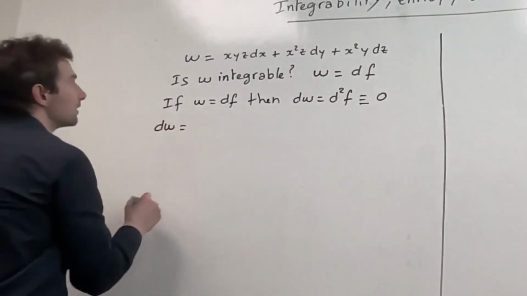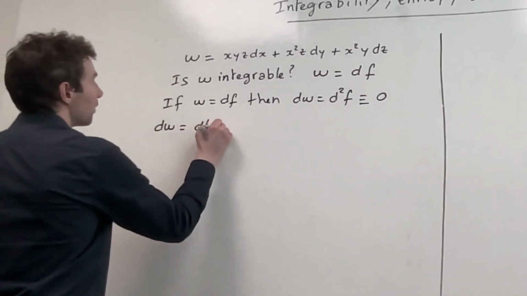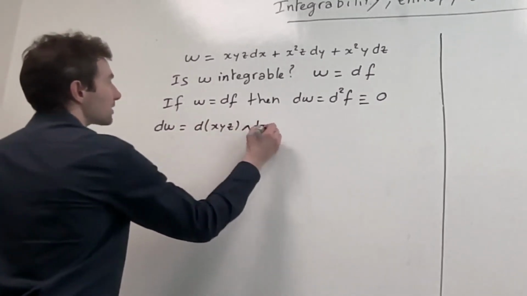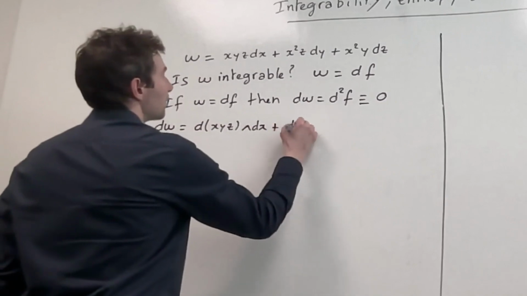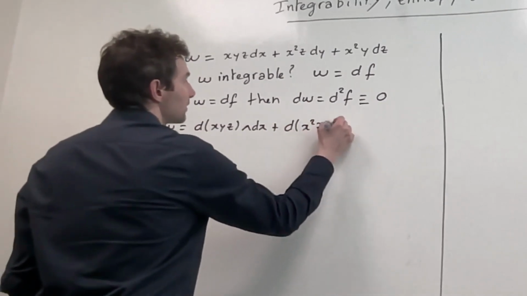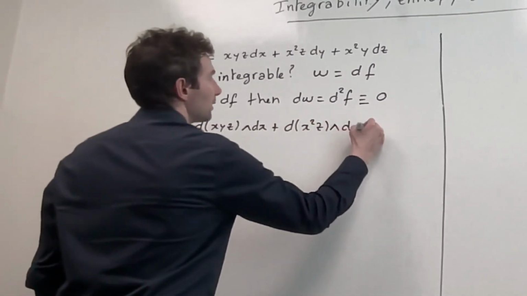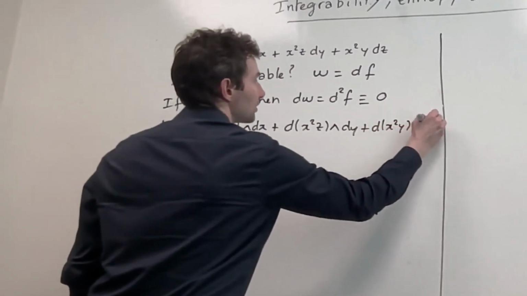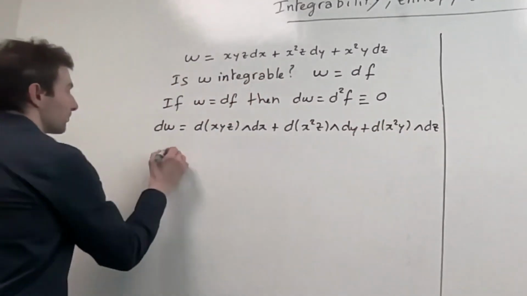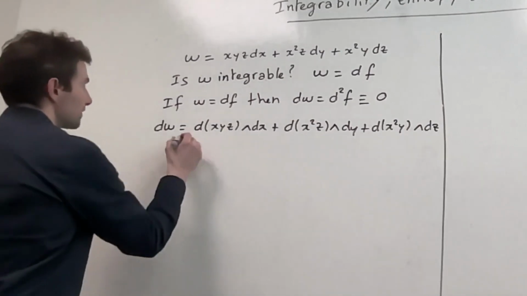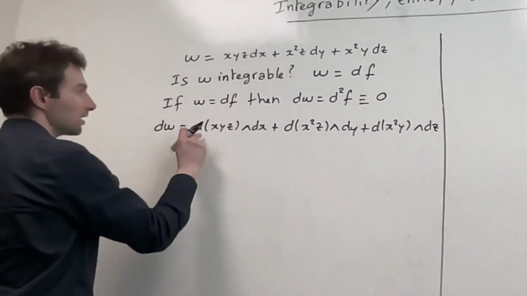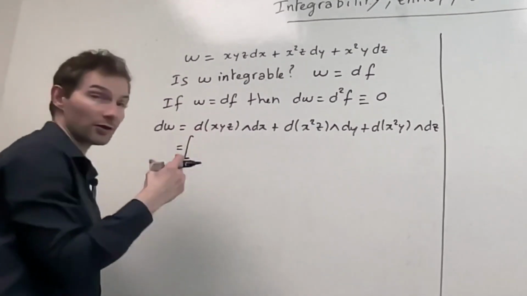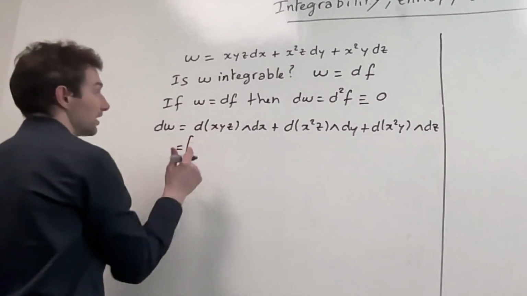So d omega is equal to d of xyz wedge dx, plus d of x squared z wedge dy, and then plus d of x squared y wedge dz. Here what we need to replace it with is the total differential of the scalar function xyz.